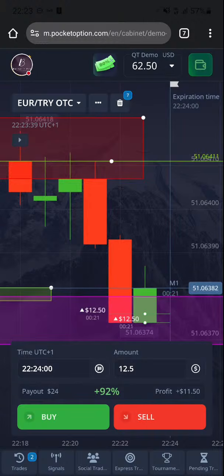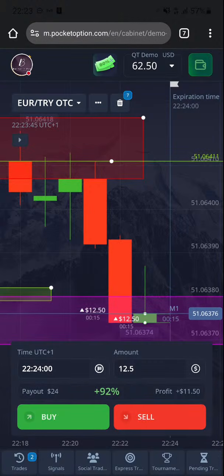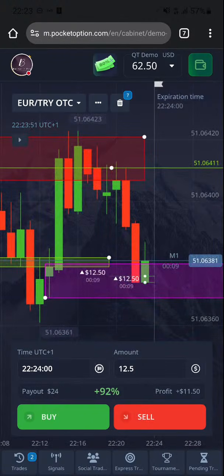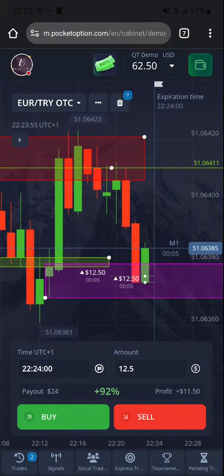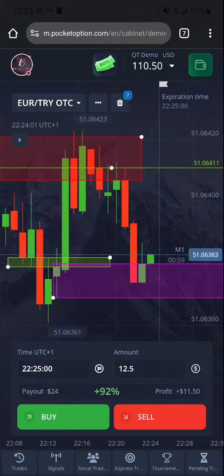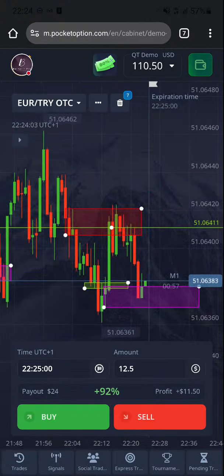Sometimes we have a gap up in this previous red candle, and gap ups are in favor of the sellers. So that might be another reason why the sellers came in. But right now, we don't have any gaps, so I'm expecting a clean green candle. There's no jump right now. That was a beautiful one.